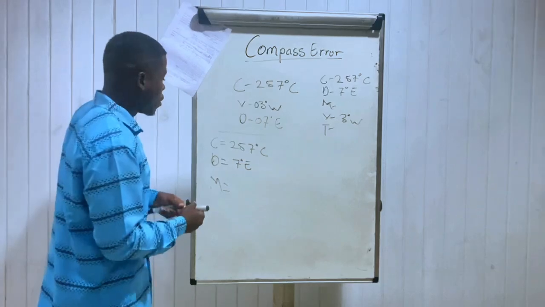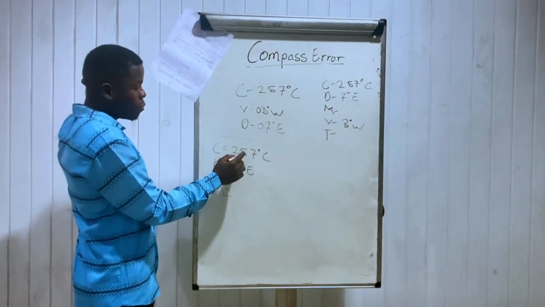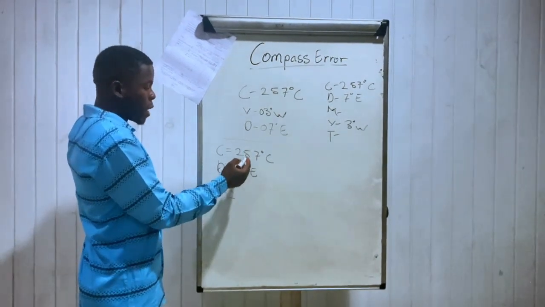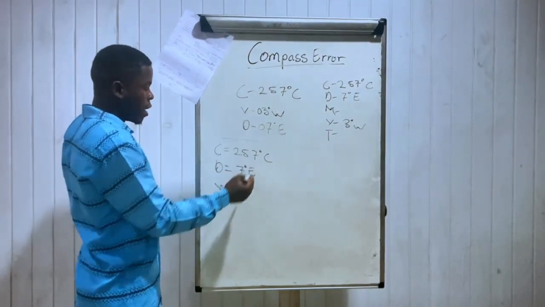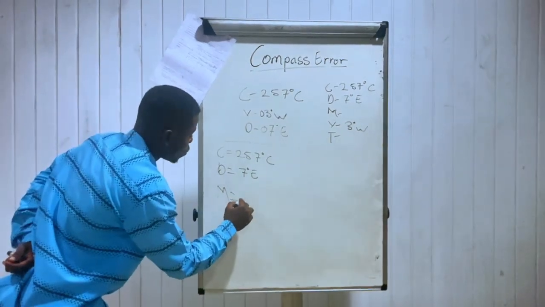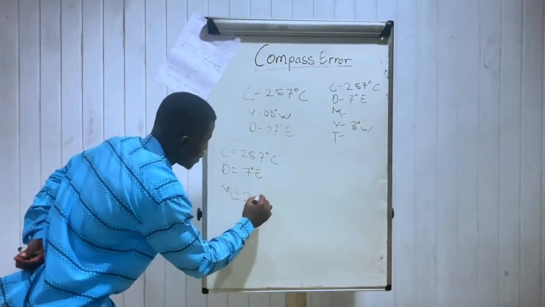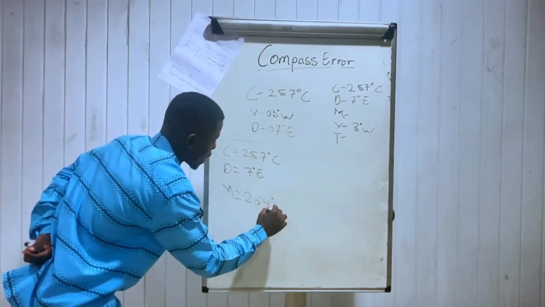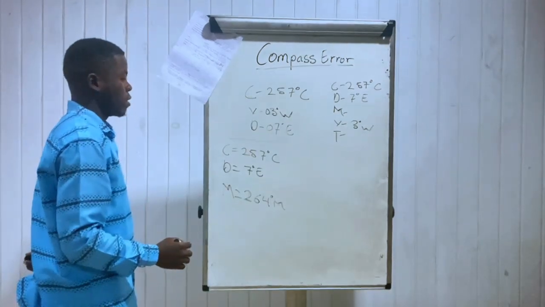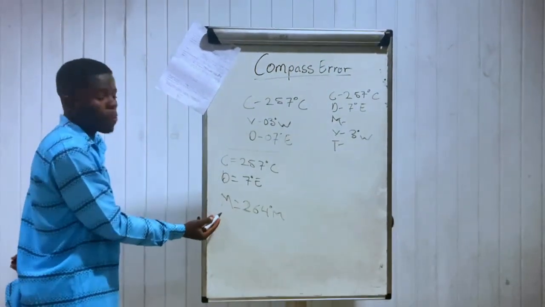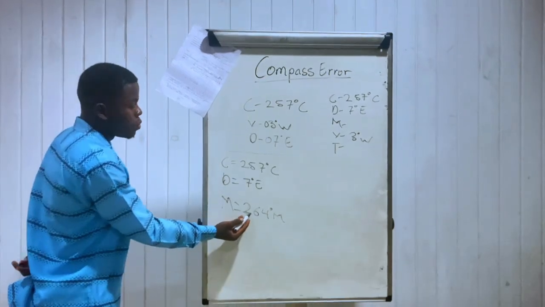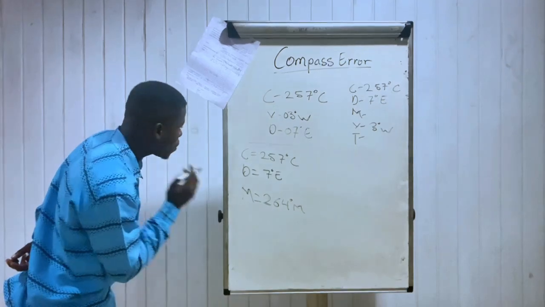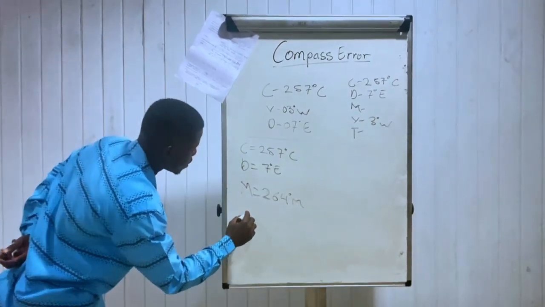So 7 plus 257, we are getting 264 degrees magnetic. So right now our magnetic is 264 degrees magnetic. All right, then we will proceed.